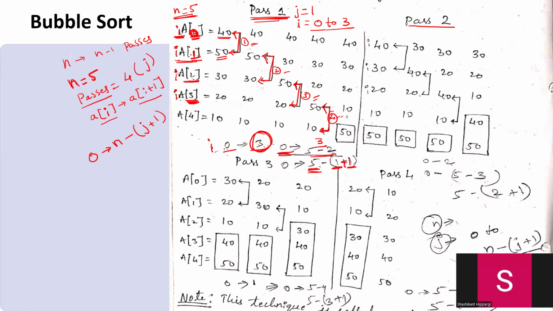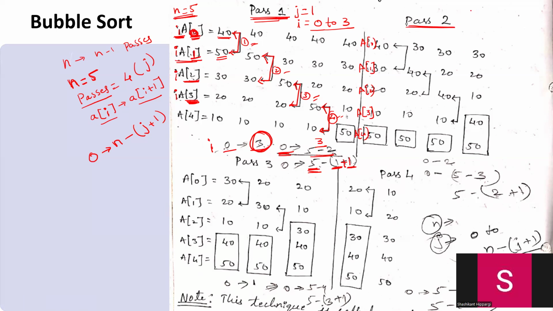Let me take this as a of 0, a of 1, a of 2, a of 3, and this is a of 4. Now, we are in pass 2.